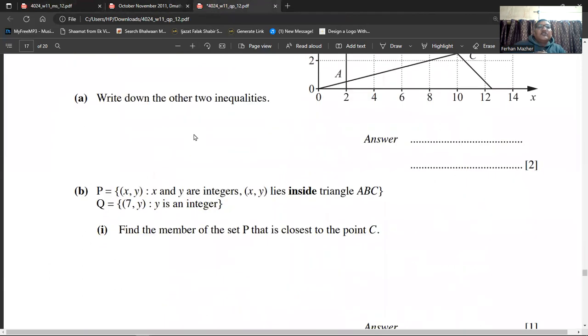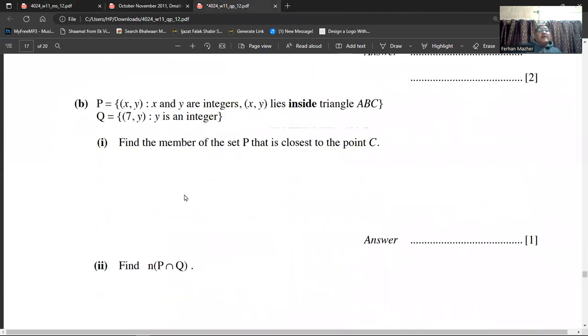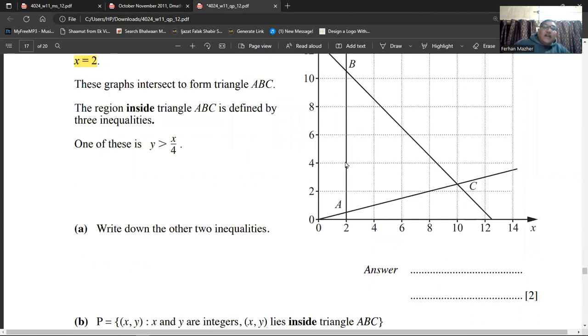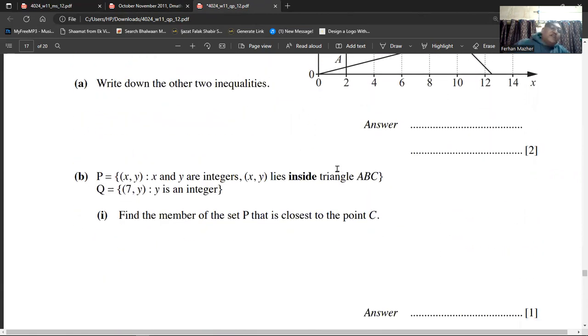Then the question is P. P is in the form of x comma y, so it's a point whose coordinates are given. x and y are integers. x comma y lies inside the triangle ABC. So P are all those members who are inside this triangular area and whose coordinates x and y both are integers.